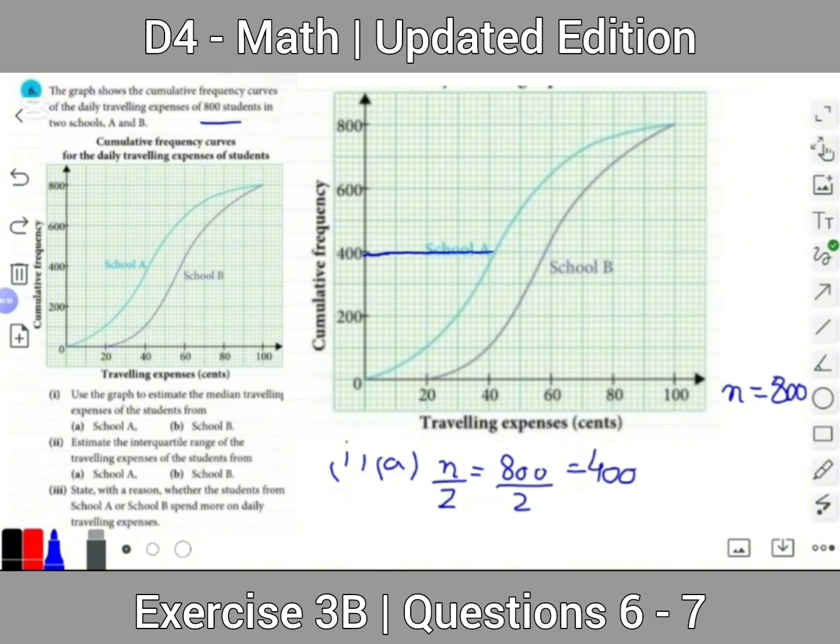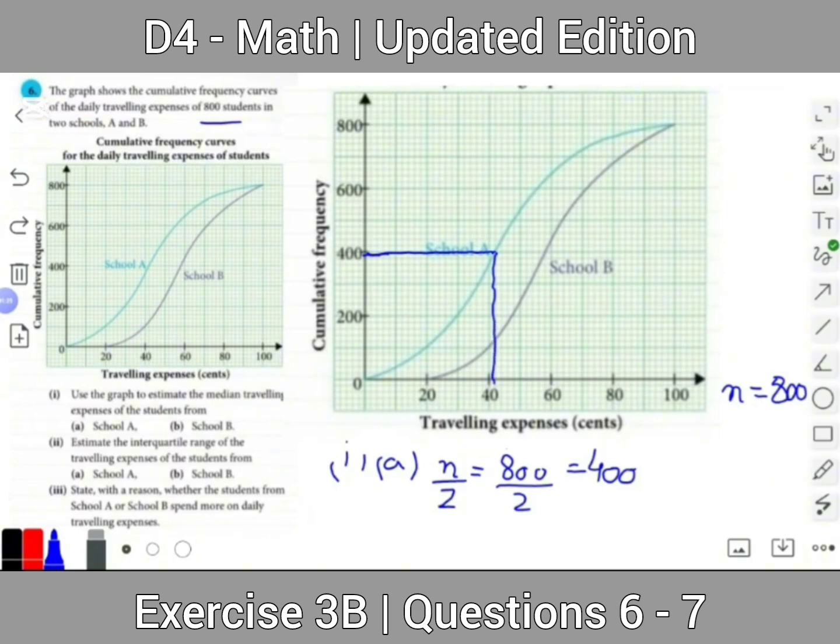Since we want to find the estimate of the median traveling expense of the students from school A, that's why we are taking the value from 400 and drawing a horizontal line until it touches the curve representing school A. Now from the point of intersection on the curve, we will draw a vertical line until it touches the x-axis.